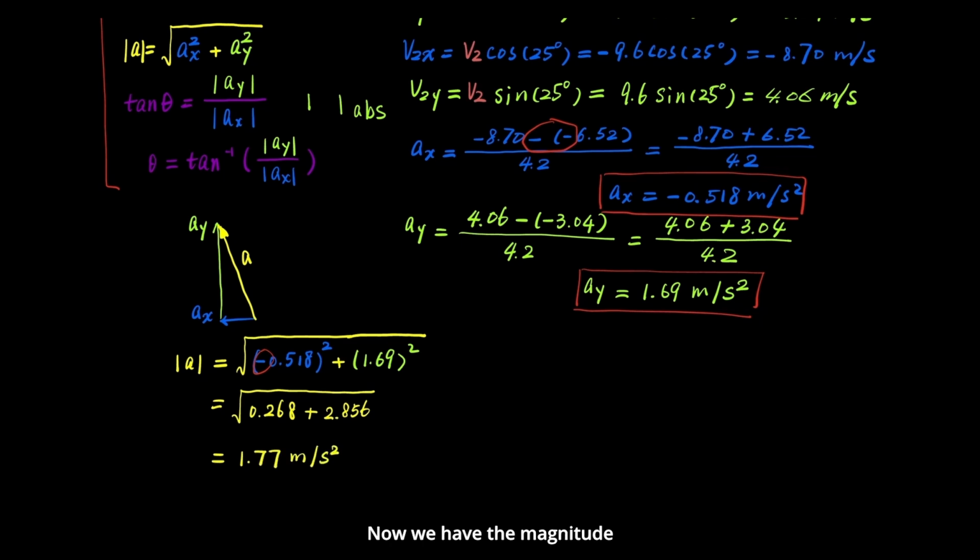Now we have the magnitude, but that's only half of what we need. A vector without direction isn't really an answer. So let's figure out which way this acceleration is actually pointing. So this is the theta. Tangent theta is the opposite side, which is AY, divided by the adjacent side, AX, right? So theta is the inverse tangent of AY over AX.